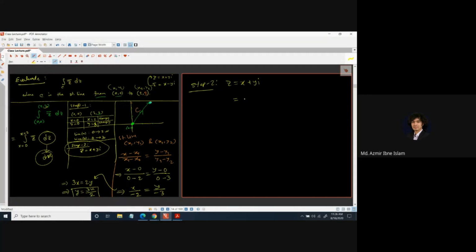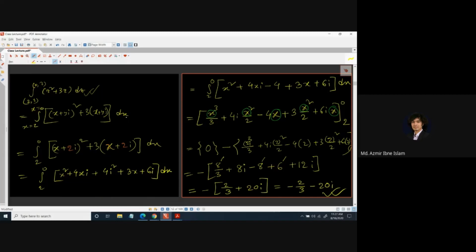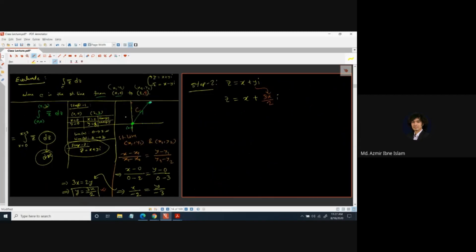Here y will be converted to 3x by 2. Replace y with 3x by 2. Do you understand my point? This is the difference between the previous problem and this one.